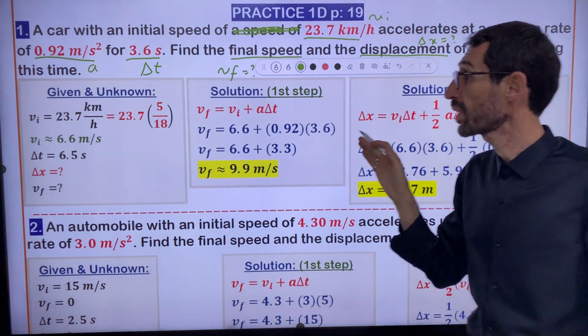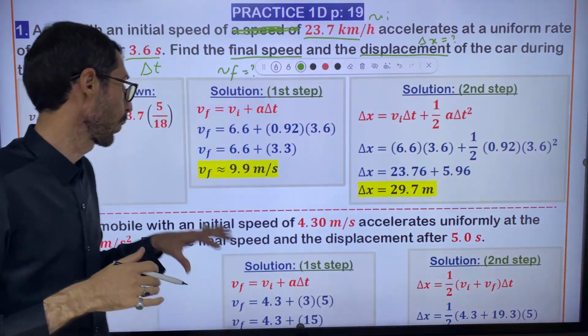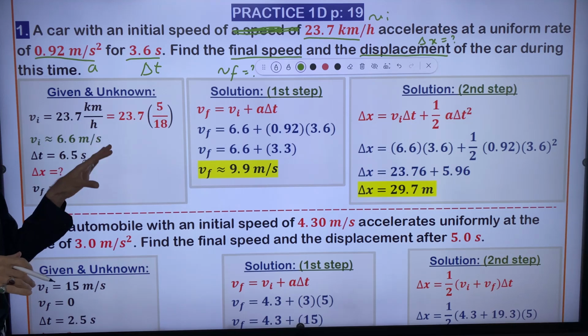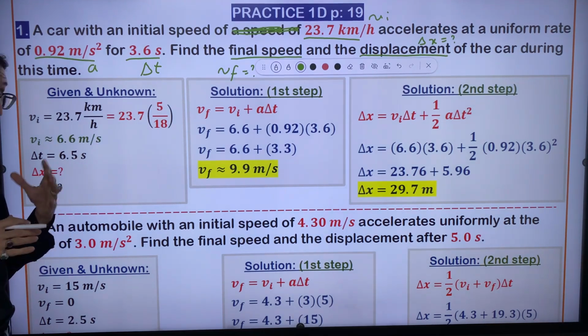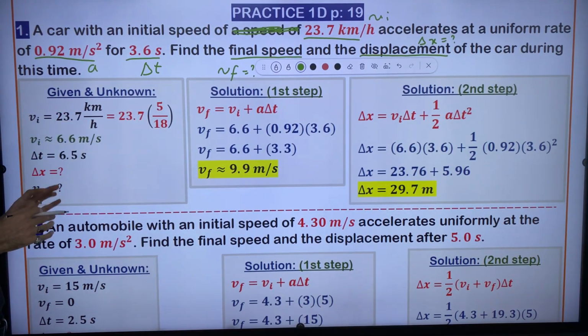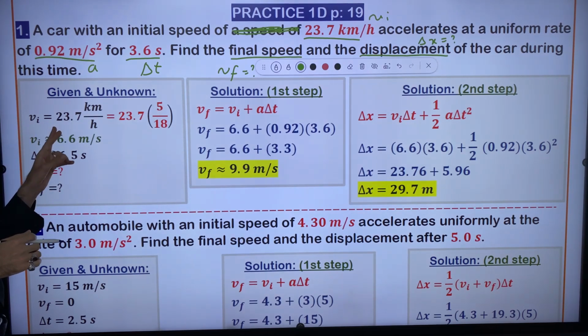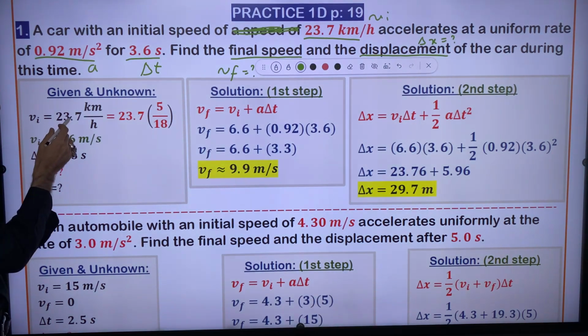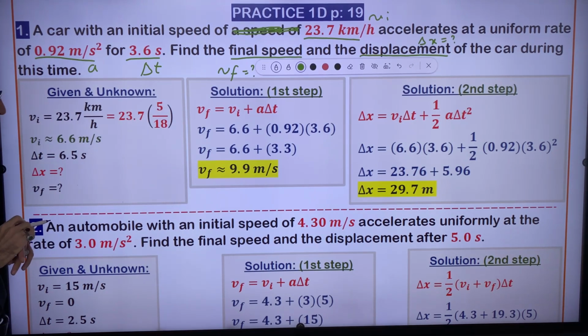So what information is within the question? Are the units unified or not? Let's take a look at the summary of the information that I gathered in a table. Initial velocity is 23.7 kilometers per hour. Delta t is given in seconds.